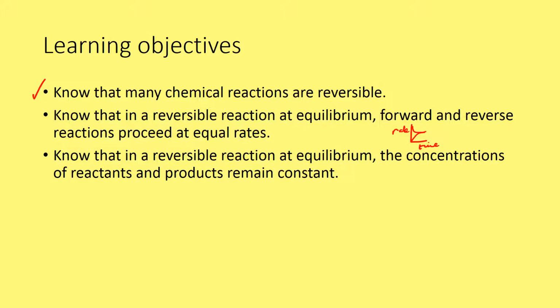And do we know that in a reversible reaction at equilibrium, the concentrations remain constant, not necessarily the same? Reactants and products are not the same concentration, but they are not changing. And that follows the point about the reaction rates.